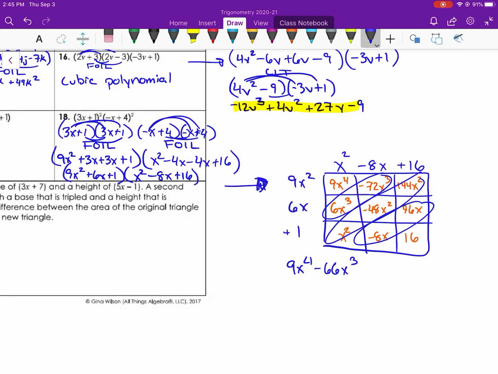So if you're using the calculator, 1 minus 48 plus 144 is going to give us positive 97x squared. And then 96 minus 8 would be positive 88x plus 16. Huge. Combined, that part's done. This is a quartic polynomial.